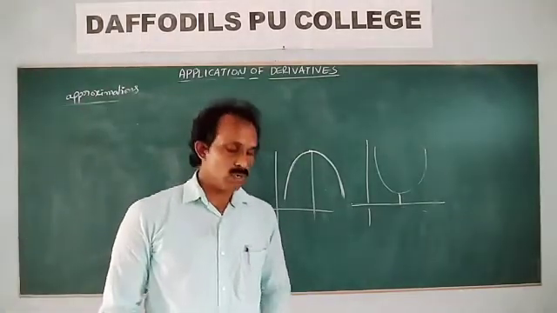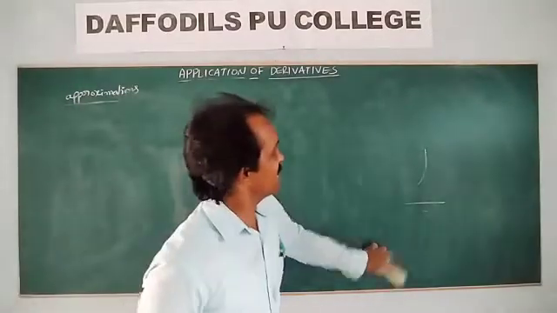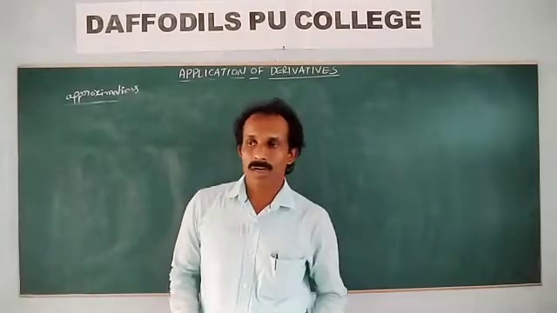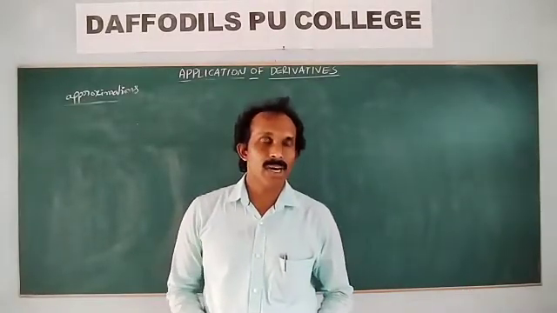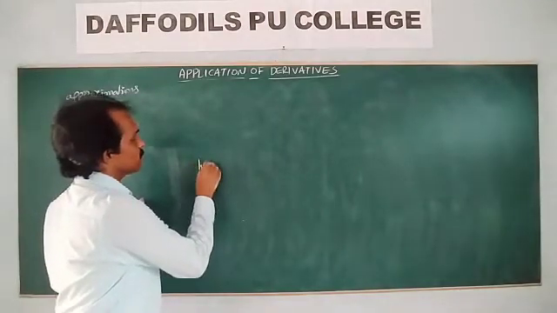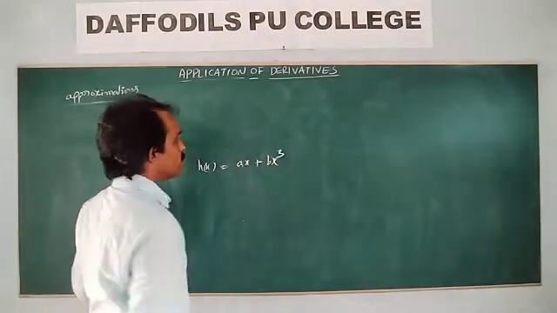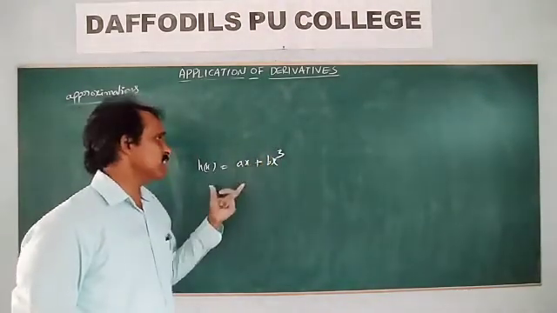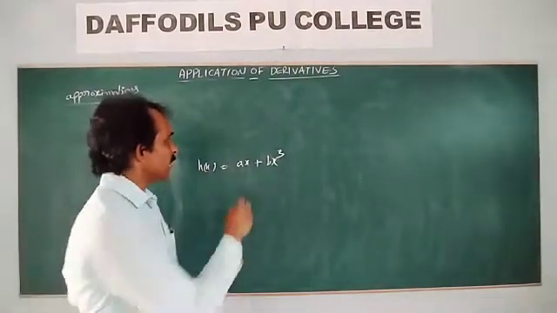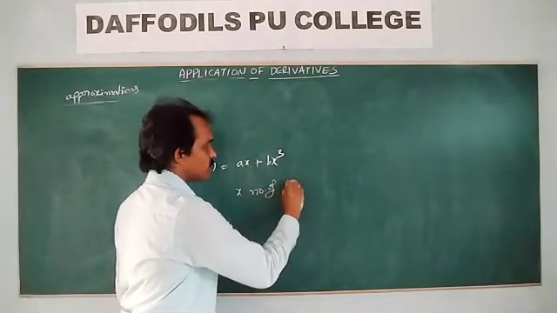And in daily life also these are useful for getting maximum profit or minimum loss. For example, to grow some orange trees per acre, the equation, let it be h of x is equal to ax plus bx cube, where a, b are constants. This is the function for the growth of orange trees, where x is the number of orange trees.